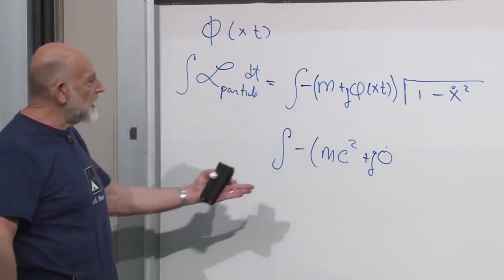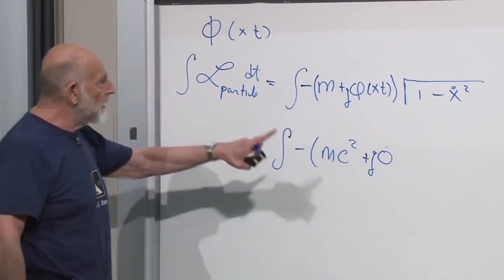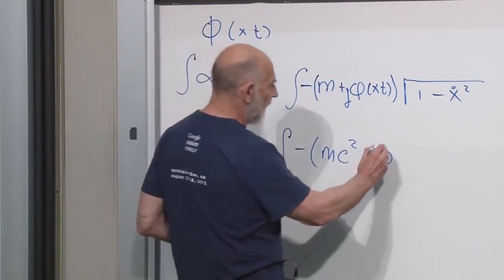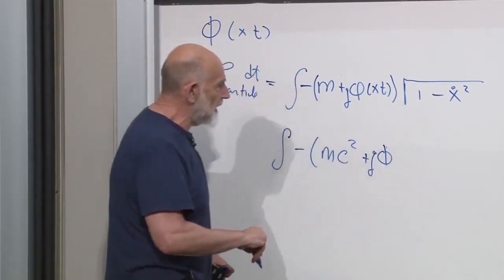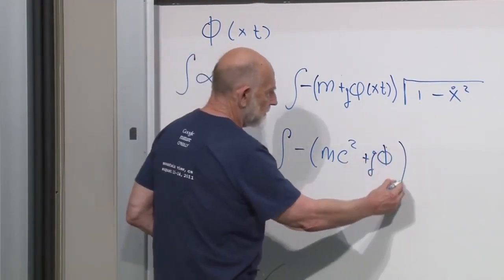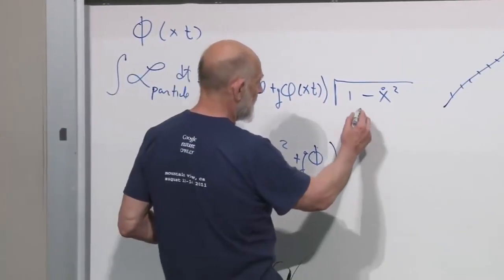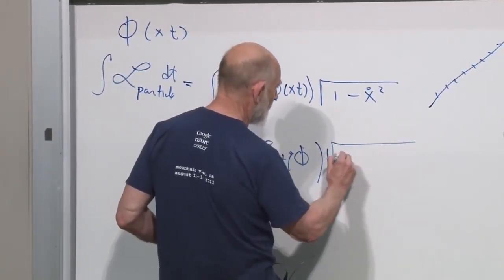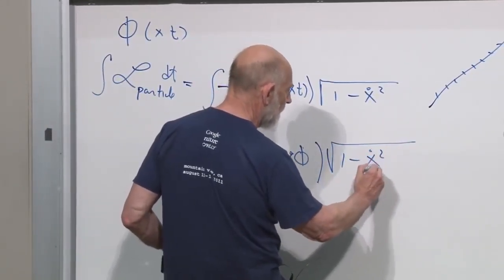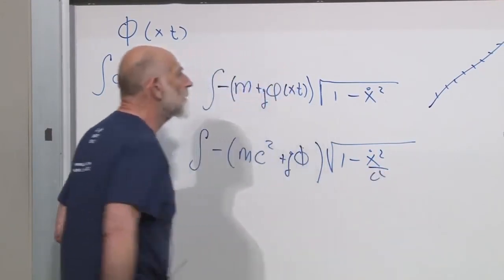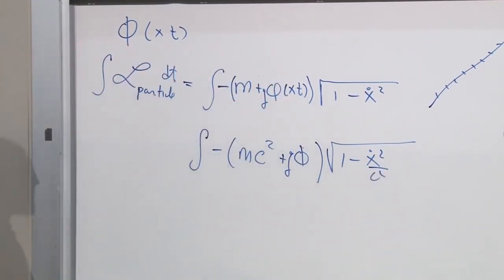It might have a c in it, might not have a c in it, not important. At the moment, it's just g times phi, and phi depends on x and t. Now, of course, this is the square root of 1 minus x dot squared over c squared. That's the Lagrangian with all the speeds of light in place.